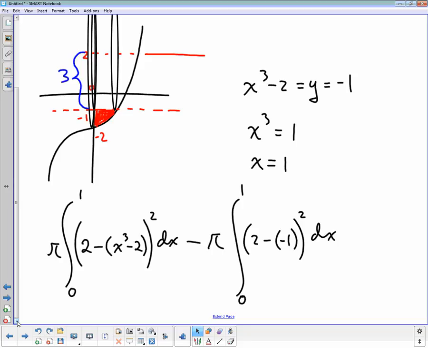All right, last thing. Page 525. You have uv minus the integral of v du.